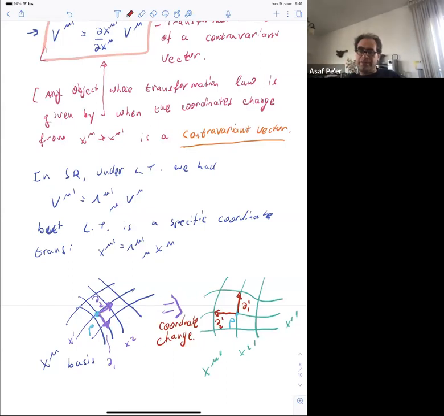But once you accept this idea that when you think of a vector, you're thinking of a derivative along a certain direction, specified by a certain curve, then everything makes sense. And mathematically, it certainly makes a lot of sense.